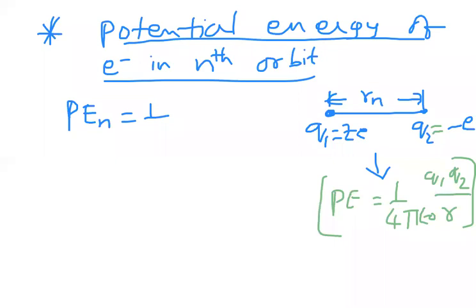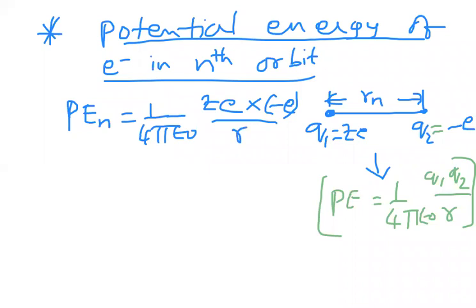So potential energy between two charges means 1 by 4 pi epsilon naught into ZE into minus E, divided by the radius of nth orbit, so I can write r suffix n in the denominator. I hope you are clear. Observe carefully the difference when I took the formula for force.